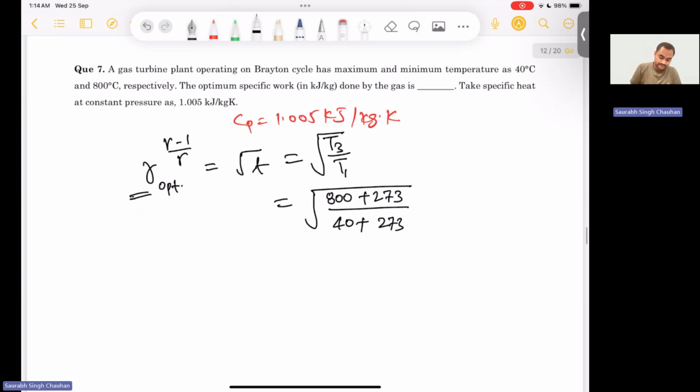We have to find the optimum specific work, right?